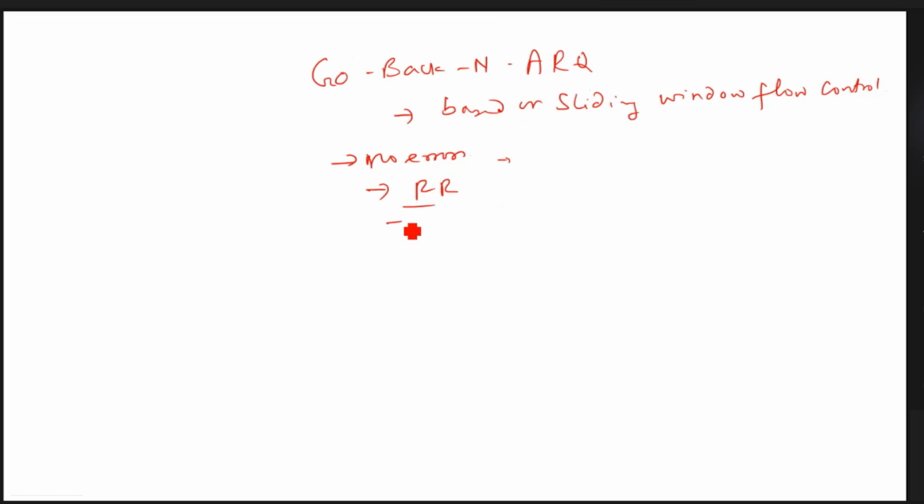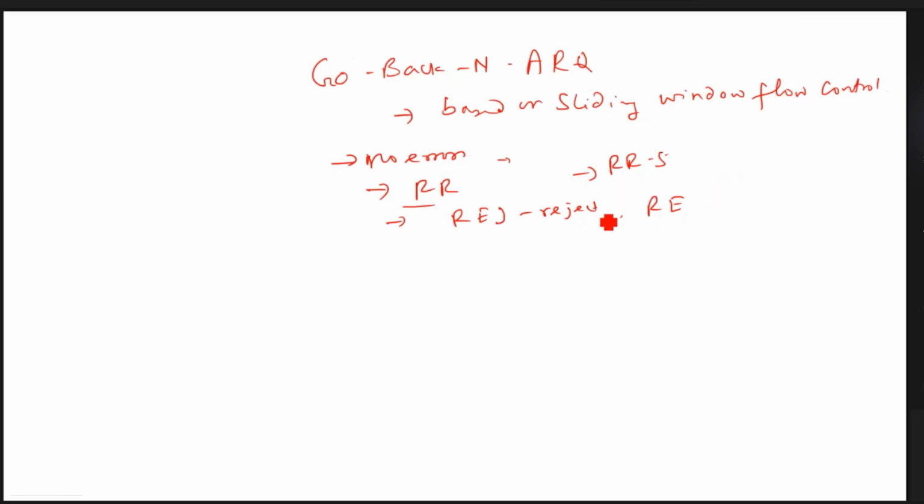But if some particular frame is in error, then a negative acknowledgement like REJ, reject, is sent. RR means receive ready. REJ means reject. Here is the example: RR5, as just mentioned, means it has received up to frame number 4 and is ready to receive frame number 5 onwards.